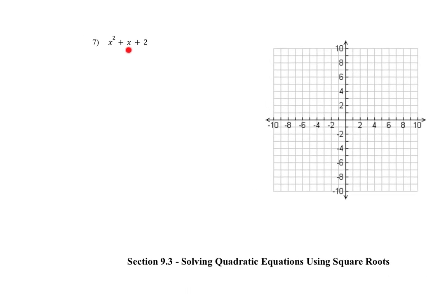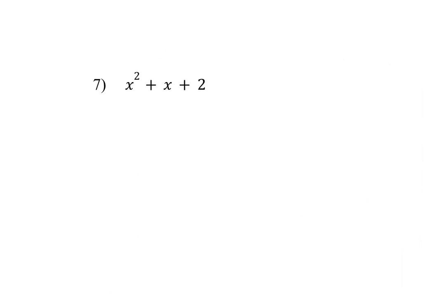So this one's set up for us: x squared plus x plus 2. Now, we have been able to do intercept form, right? Finding factors of 2 that add to, in this case, 1. We need to add to 1. Well, factors of 2 include 2 times 1, or 1 times 2.